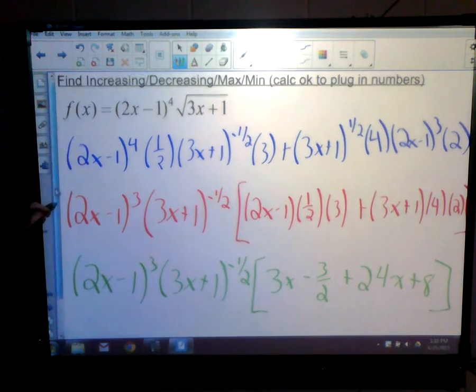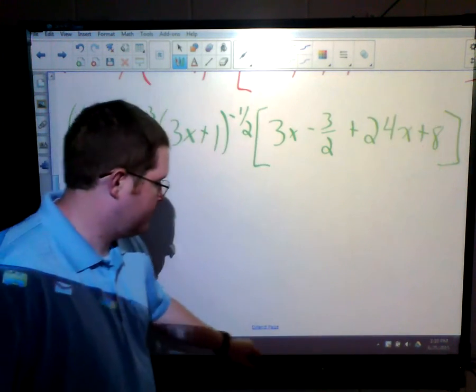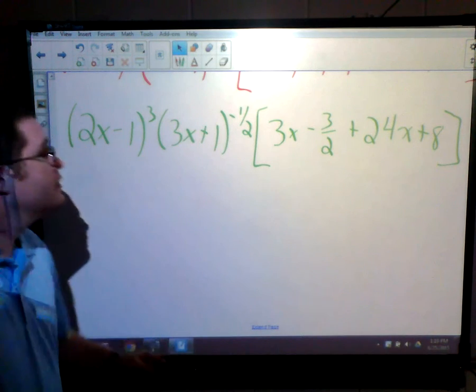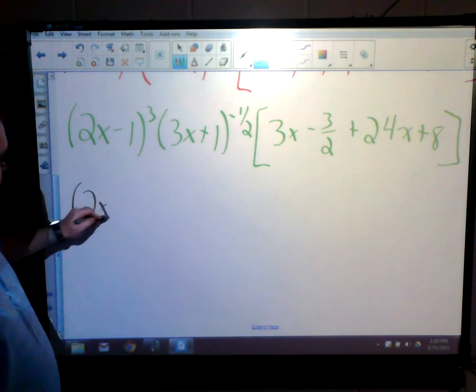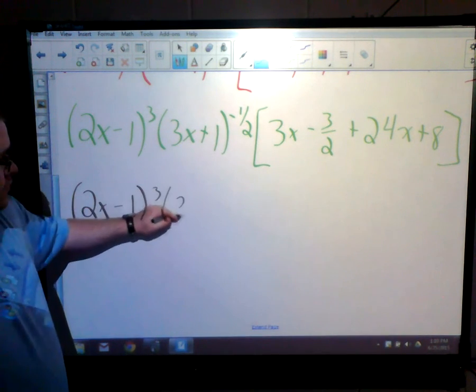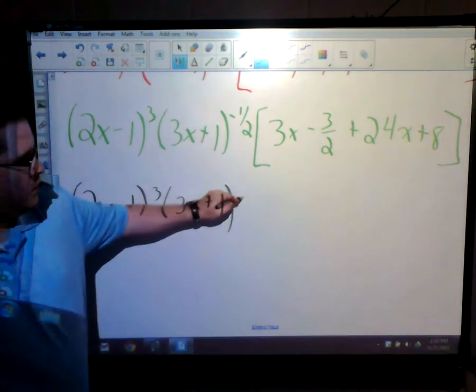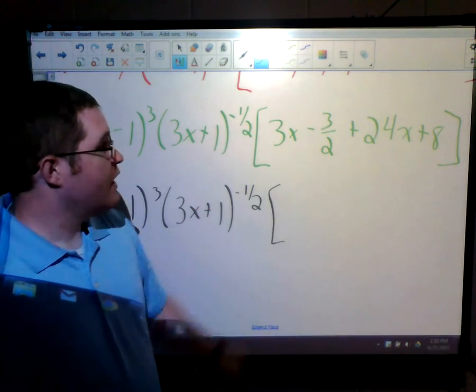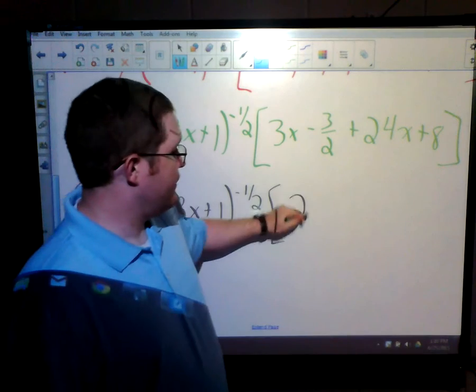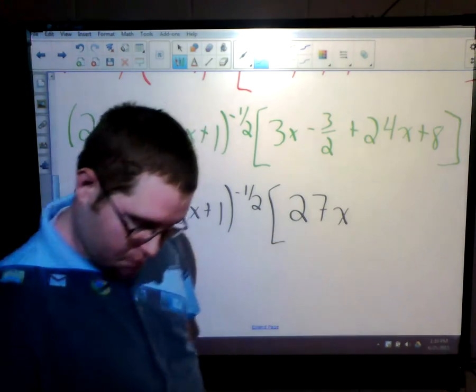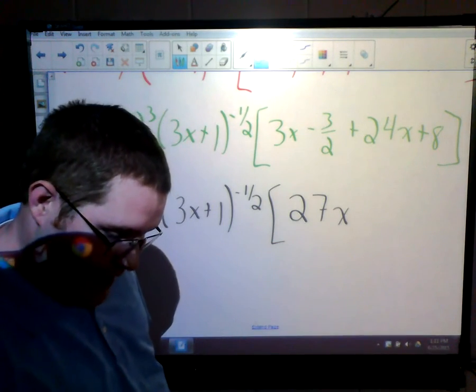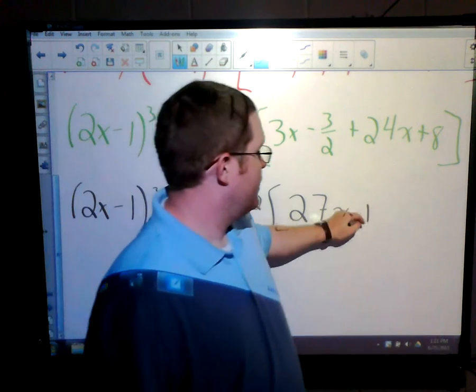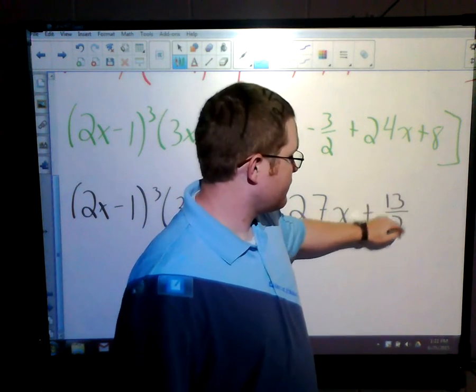Let's combine some more like terms. Again, the beginning is going to stay the same. Inside here, I'm going to get a 27x, and if you put 8 minus 3/2, you get 13/2.